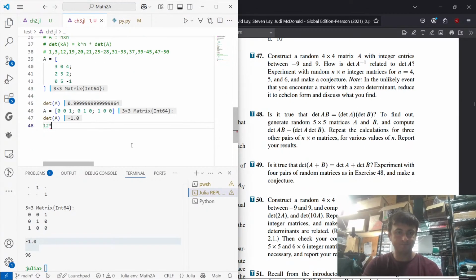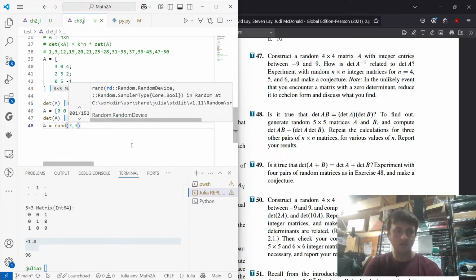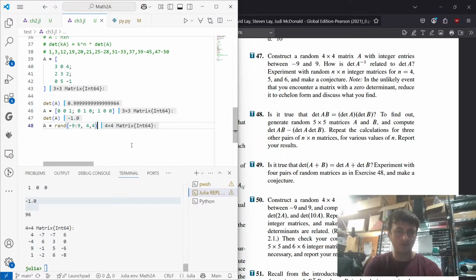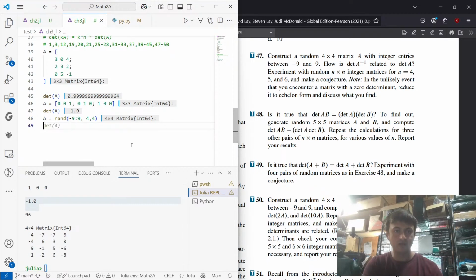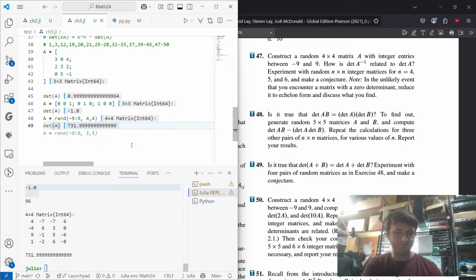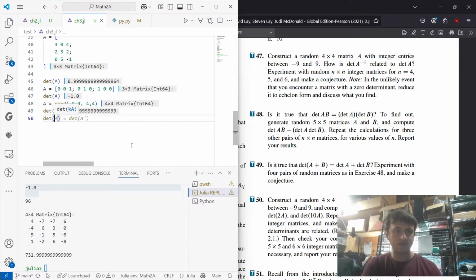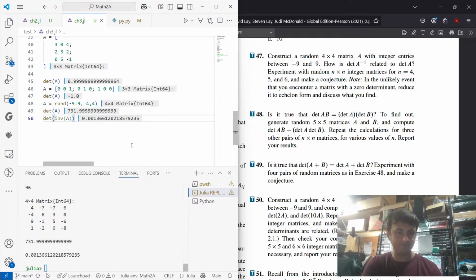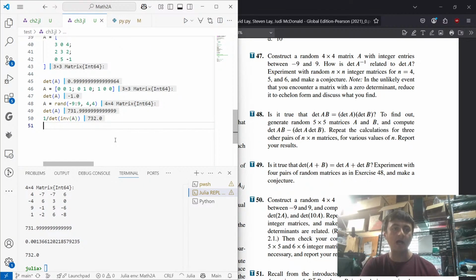So A is equal to rand, minus 9 to 9, 4x4. Okay, det A, det inv A. All right, so basically, oh wow, that's actually so sick.